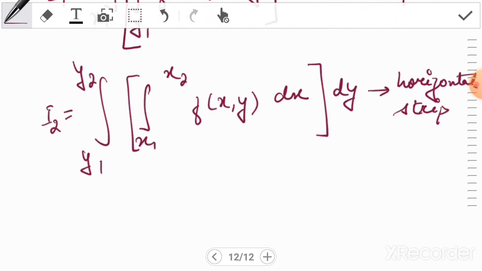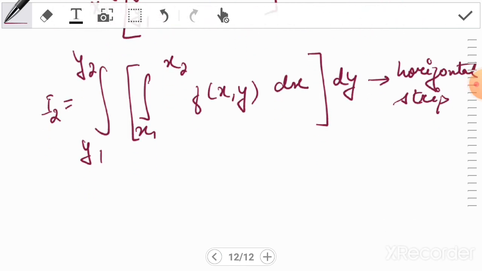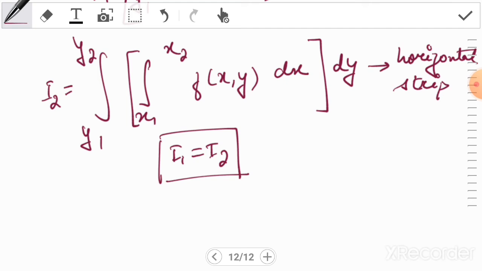So obviously I1 is equal to I2, okay. And for constant limits, it hardly matters whether we first integrate with respect to x or with respect to y, right?